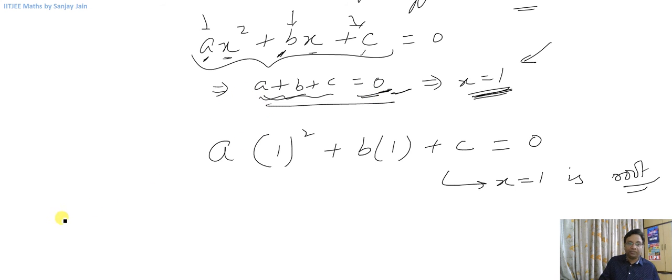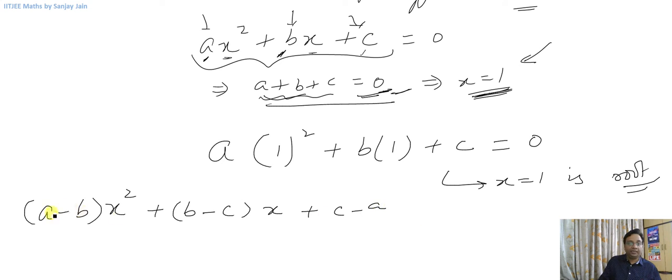And in what conditions will the sum of coefficients be 0? In these kinds of questions, it is quite evident that the sum of coefficients is 0, where the coefficients are of cyclic nature, right? a minus b, b minus c, c minus a. If you add these coefficients, a minus b plus b minus c plus c minus a will become 0. Why?